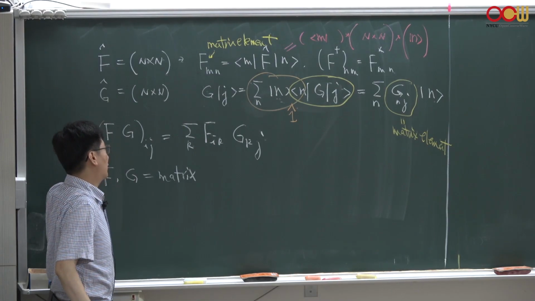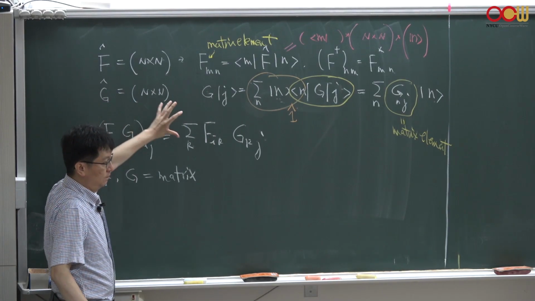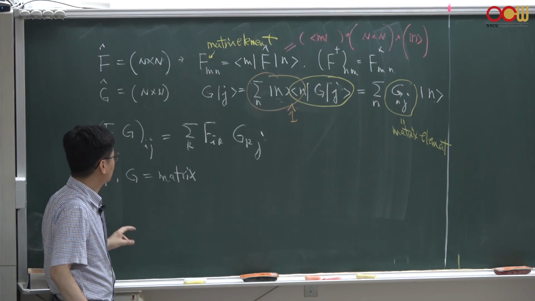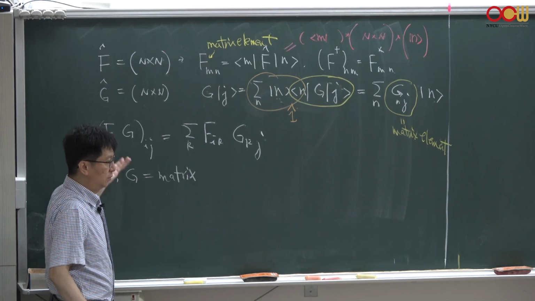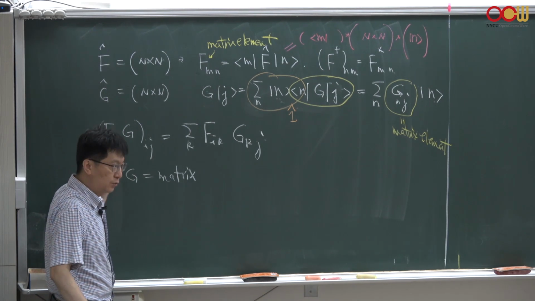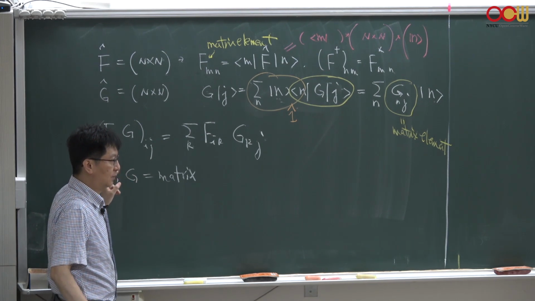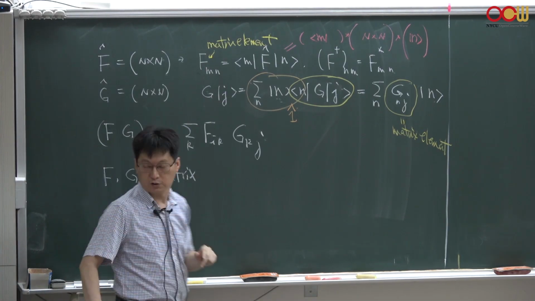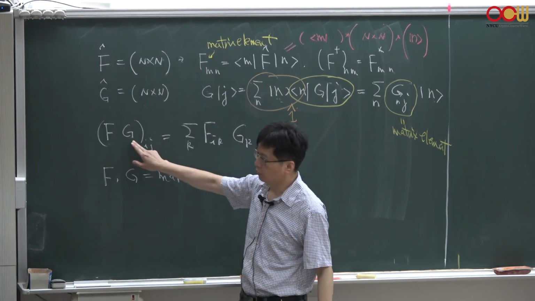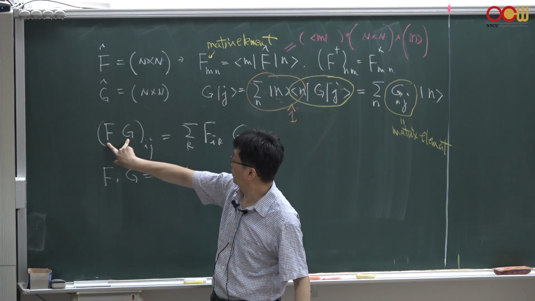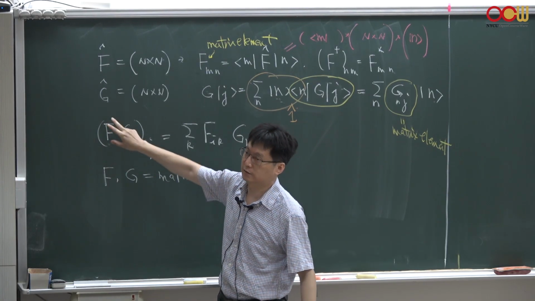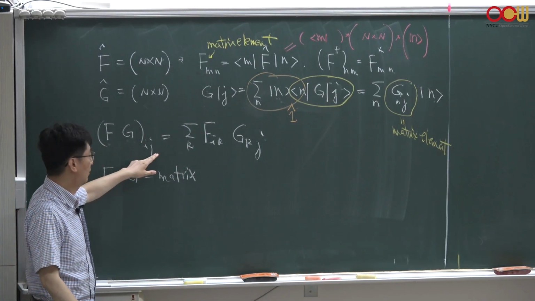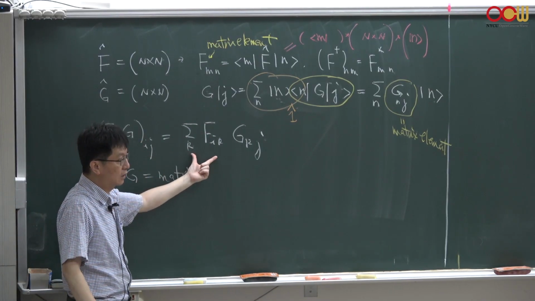We should prove that this kind of matrix product or matrix representation of an operator satisfies what we expect for real matrix product multiplication, which says that if I have two matrices F and G and I take the matrix product between them, and after that take the matrix element ij, what I get is this kind of summation.